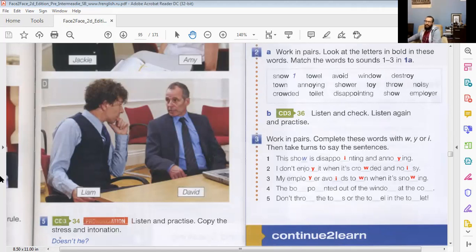The boy pointed out of the window at the cow. What do you understand from the sentence? I didn't understand this really. So what does it mean, pointed?